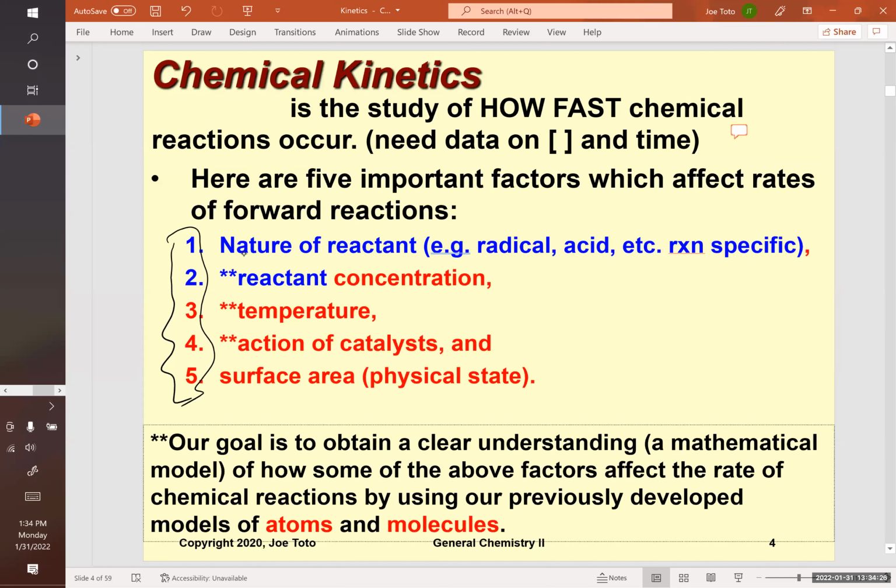But other things that affect the reaction rate besides that are named here. For example, the concentration of a reactant will affect the rate, the temperature, the action of a catalyst, surface area, and so much more. There are other factors, but these are representative. If we can understand how these factors affect the rates of chemical reactions, then in theory, we can look at anything.